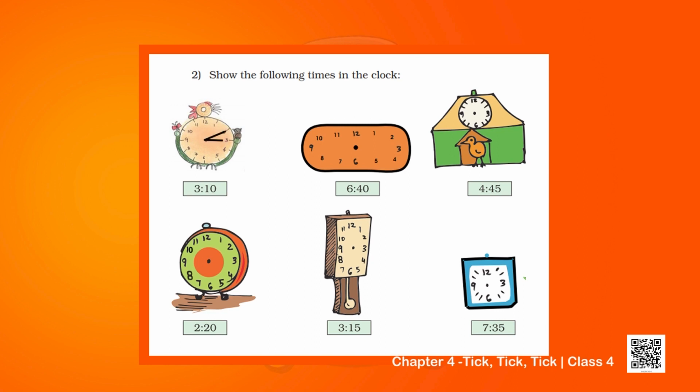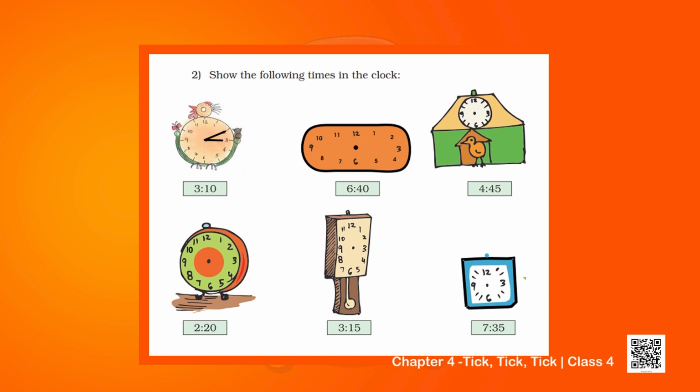Good. Now, the time shown by your clock is 3:10. In the second clock, you have to mark 6:40. Okay, are you ready? Did you rub the hour hand and minute hand? Yes.